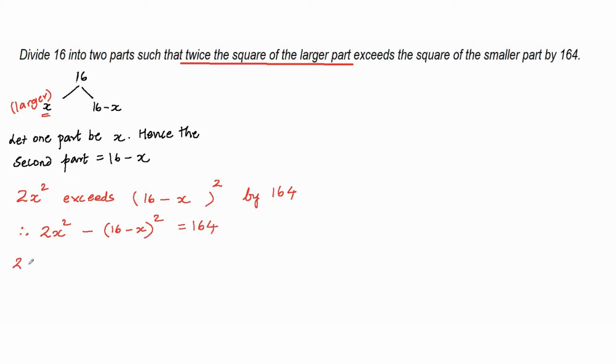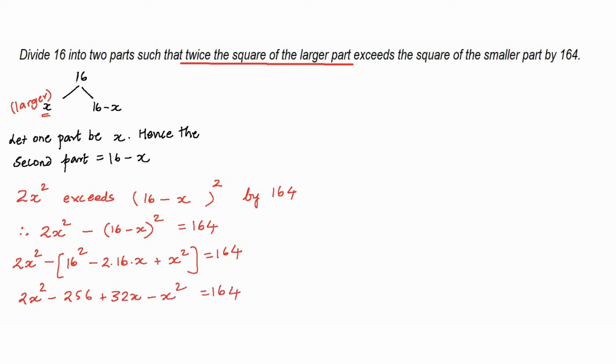And a minus b the whole square can be written as a square minus 2 times a times b plus b square. So 2x square minus 256 plus 32x minus x square is equal to 164, right?